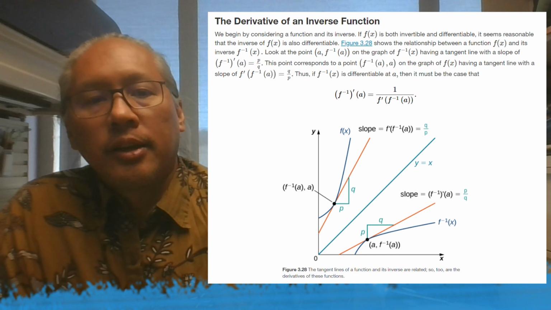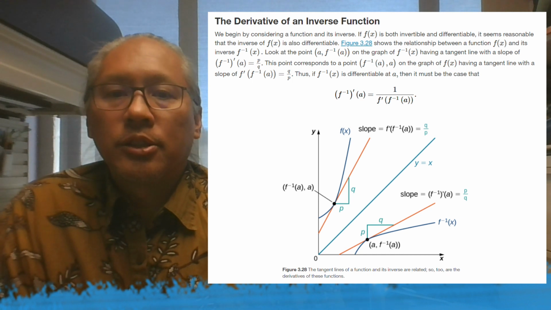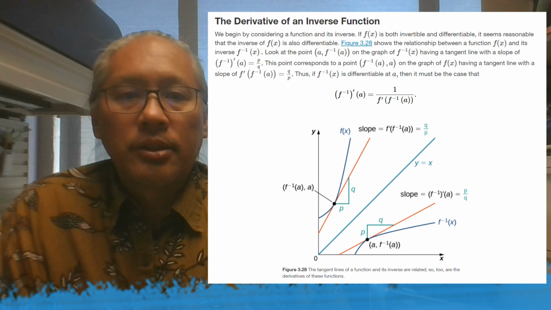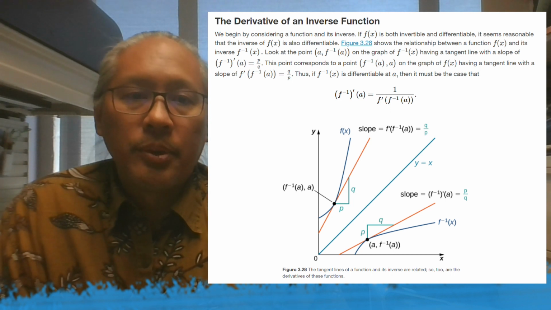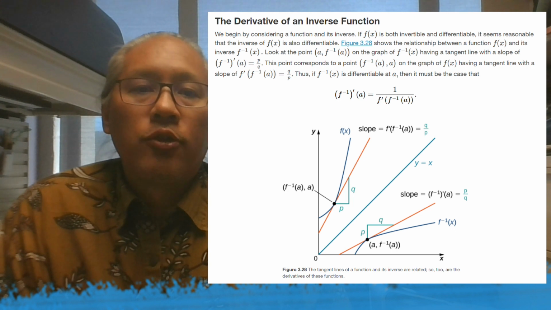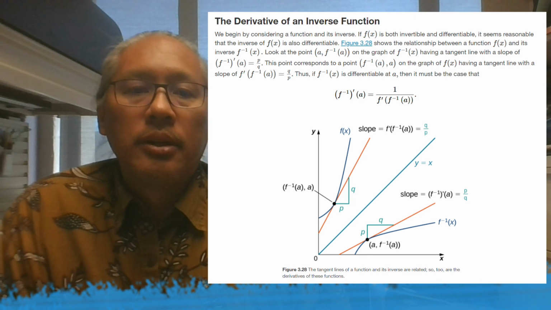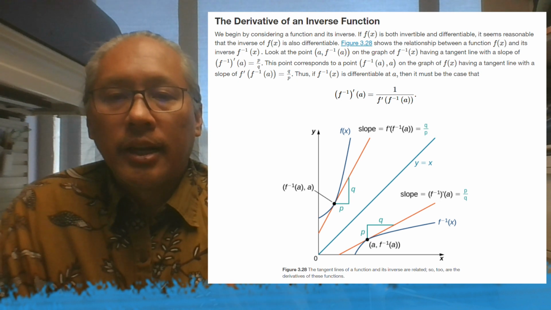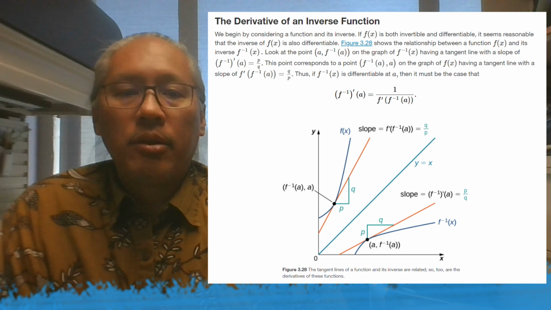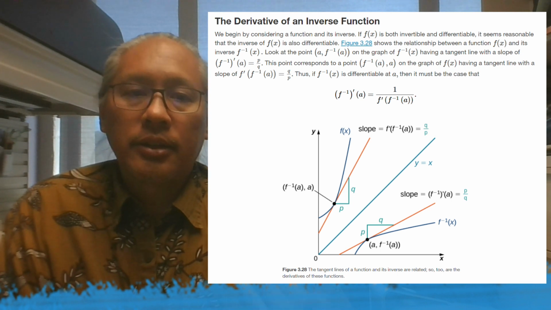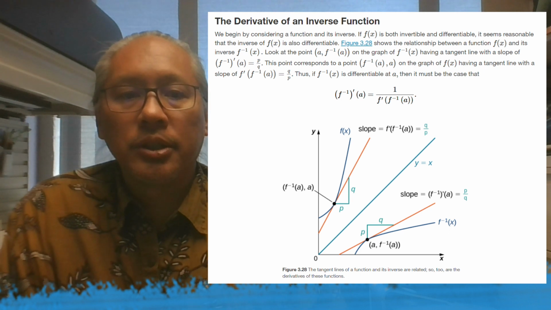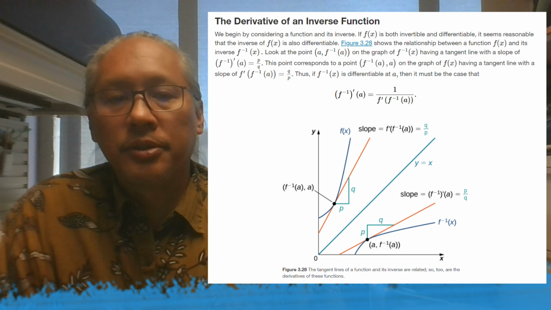Now, if we take a look at the derivative, remember that that's the slope, and the slope is some sort of rise over run. So let's say we call the slope for the original function Q over P. Now, if we take a look at that point and how it's reflected with the inverse, reflected about the line y equals x, then you're essentially switching the x and y values.